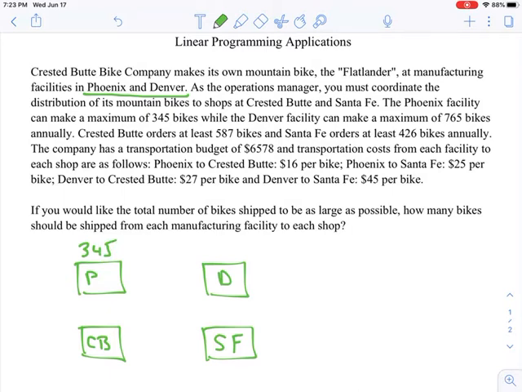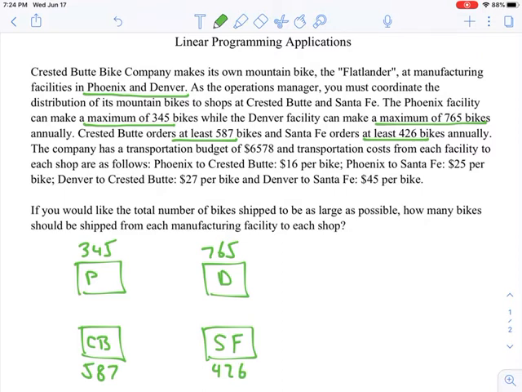And Denver can make a maximum of 765. Crested Butte orders at least 587, and Santa Fe orders at least 426.